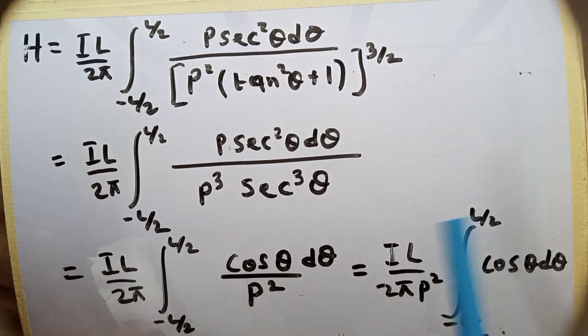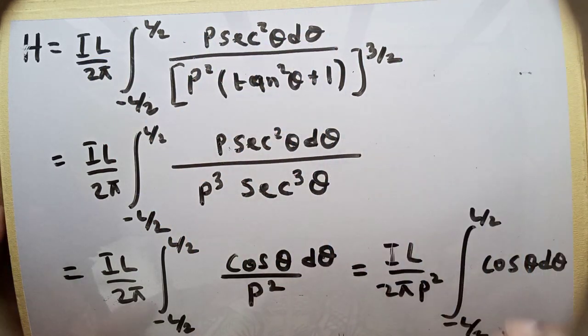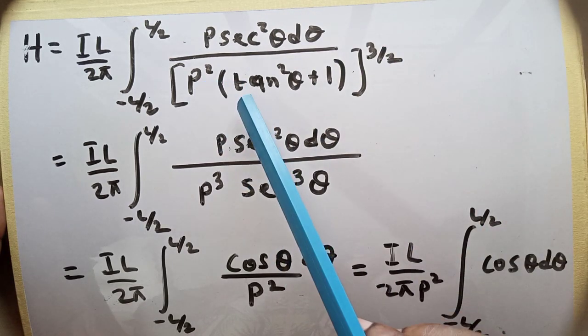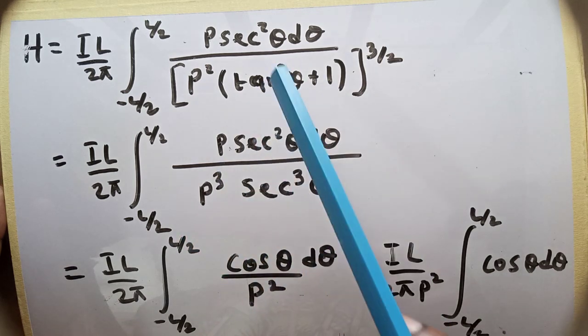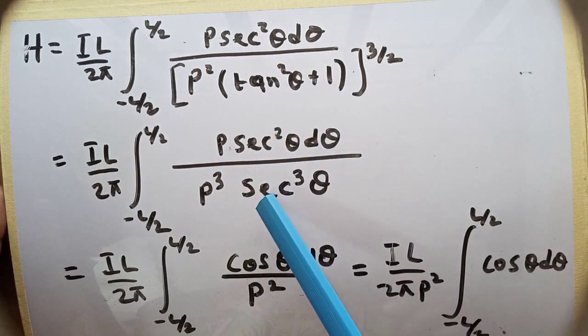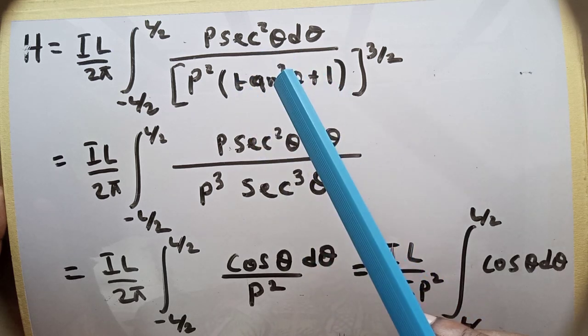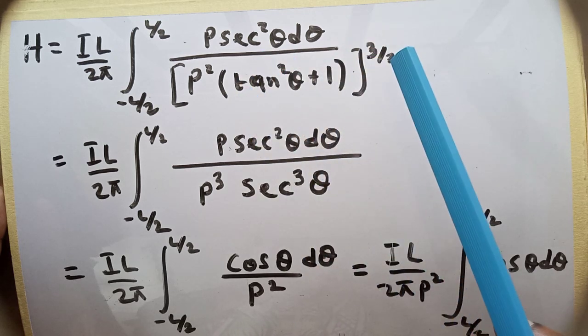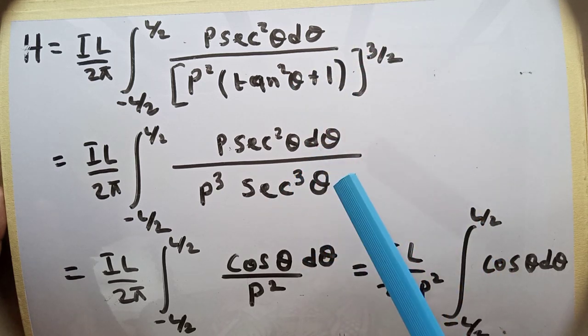So at the end of the day, we have p sec squared theta d theta. If you factorize your p squared out, you have tan squared theta plus 1. Now, tan squared theta plus 1 is the same thing as sec squared theta. But take note that the sec squared theta that will come in from here is raised to power 3 over 2. The 2 will cancel the squared, and you have sec cube theta.